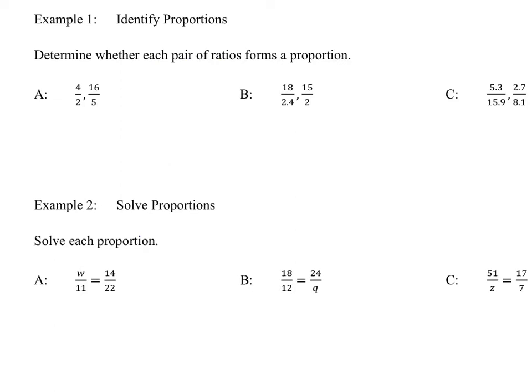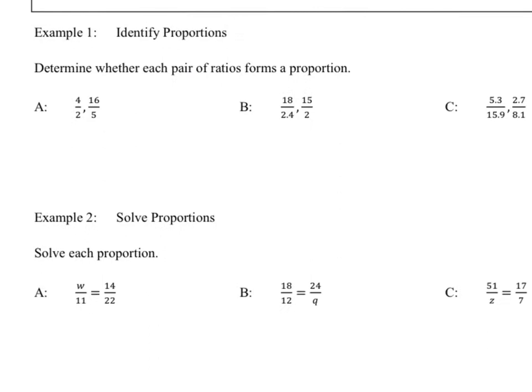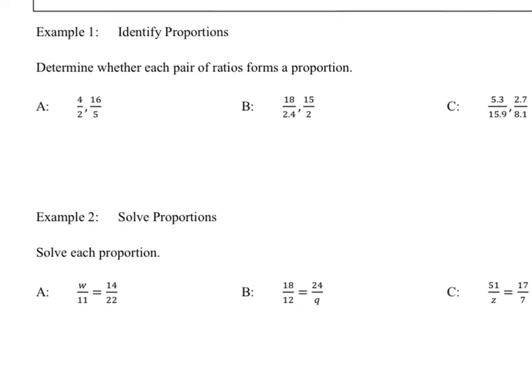So what you're going to do is take 4 over 2 and set it equal to 16 over 5. I apologize for my handwriting, I don't have a stylus. Then we're going to cross multiply. So take 4 times 5 and 2 times 16.